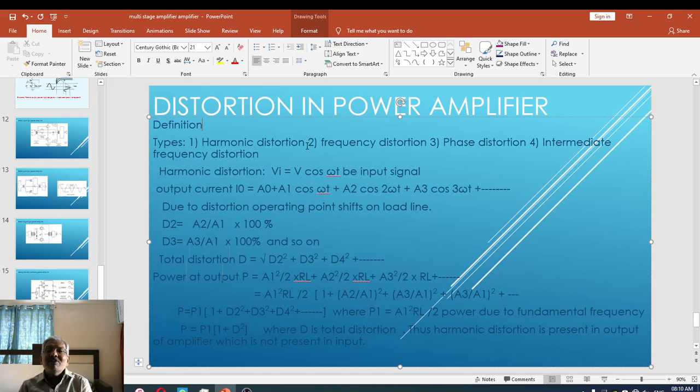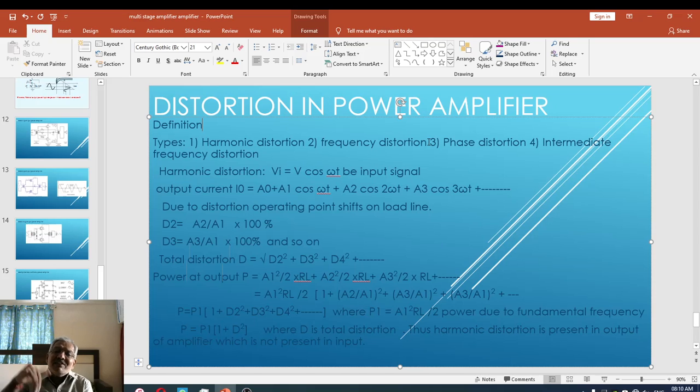Now, the second type of distortion we classify as frequency distortion. It is a type of distortion which appears in the output of the power amplifier, where new frequencies appear at the output along with the original frequency.